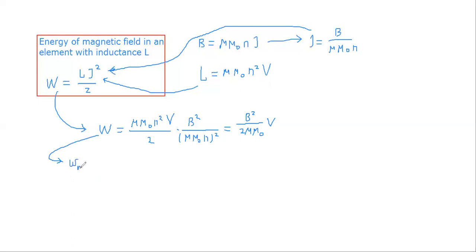So energy density of magnetic field is equal to W, energy of magnetic field, divided by volume, and this is equal to B to the power of 2 divided by 2 mu 0.